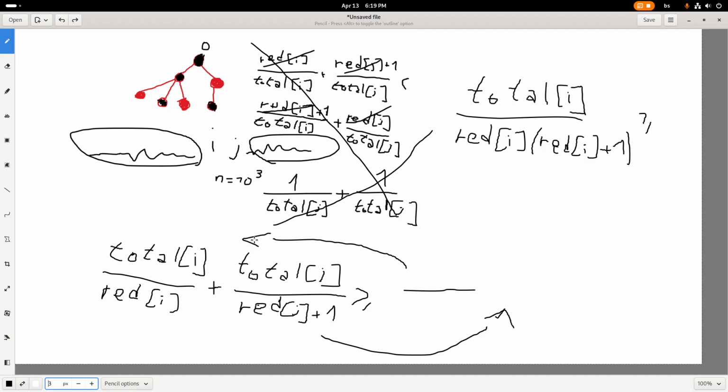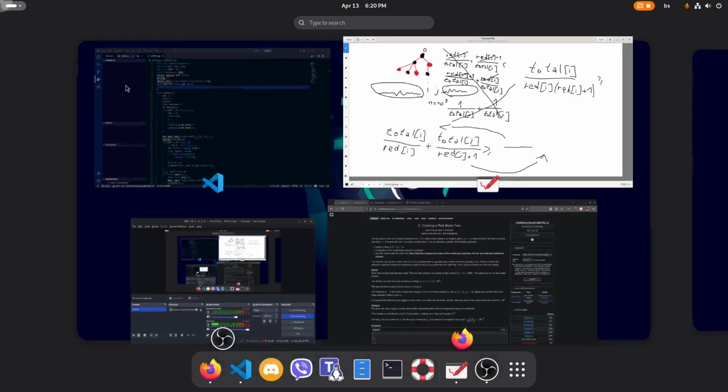That means that I should go before J. Okay, so if this is 0, I'll just set this to be like infinity, and in any other case I'll just sort by this value, and I'll take the lowest one at this point, and then update everything accordingly, and then repeat.